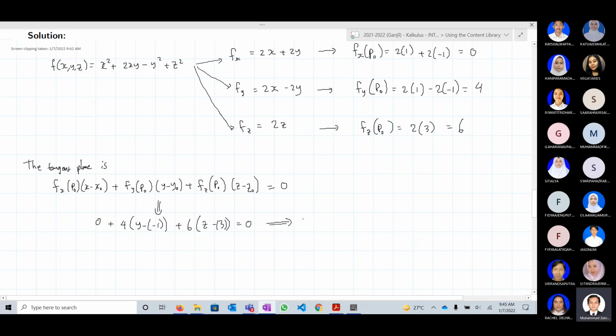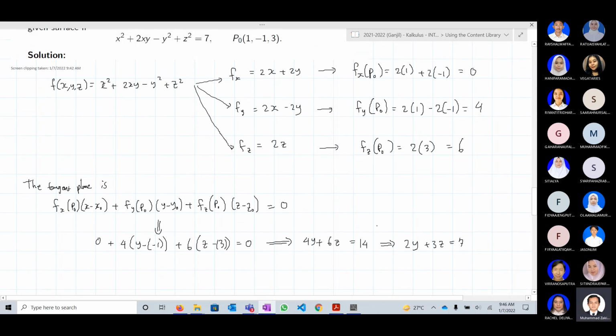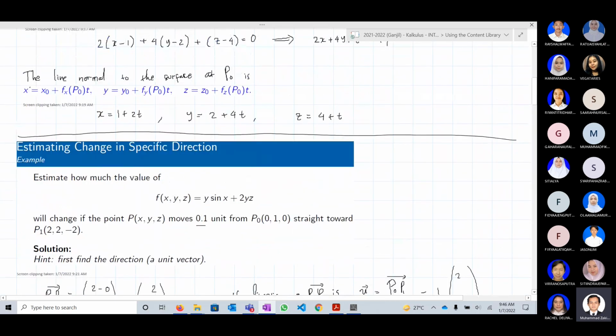So we have 4y plus 6z equals 4 plus 18, which is 22. Sorry, 4 minus 18, 14. So this is equal to 14. Or we can divide everything by 2. Then we have 2y plus 3z equals 7. So this is the tangent plane, because we simply need to follow this formula.